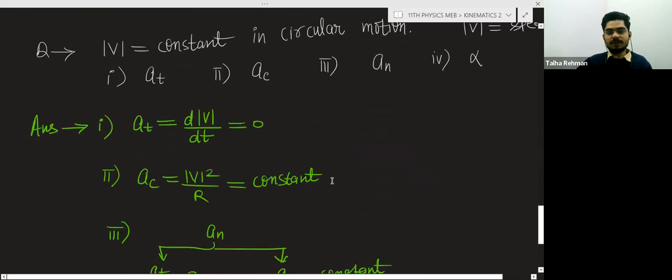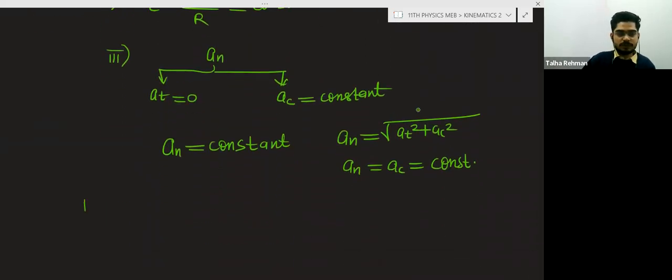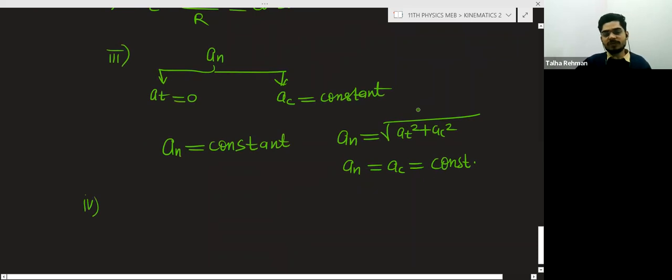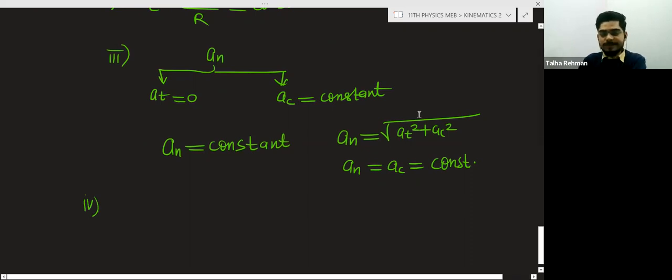Alpha. Now the last part you have to solve, Hiva and Divyangi. What can you say about the angular acceleration? Fourth part. Will it be 0?